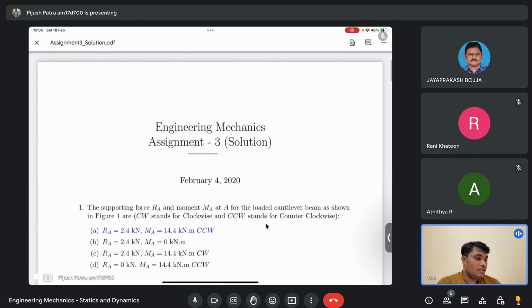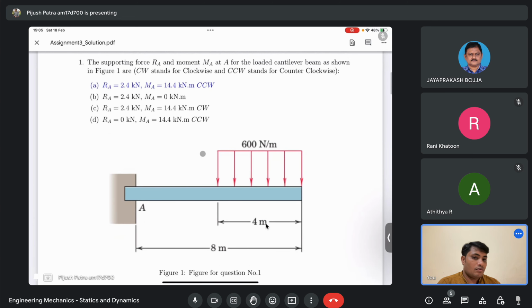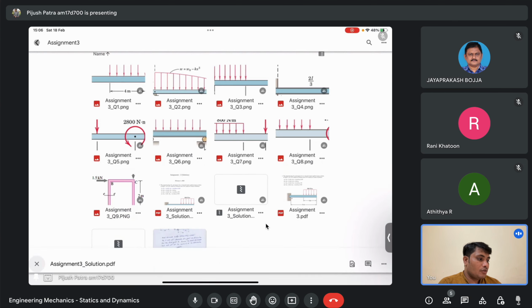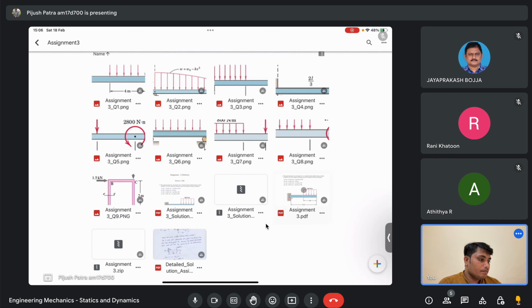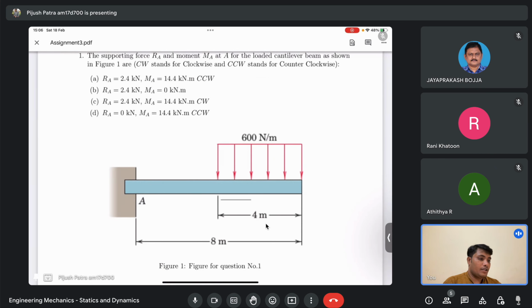Is it visible now, the question and the diagram? Not clearly. And the diagram is visible clearly, right? Yes, sir. Okay, so let me go through the diagram only. I'll try to explain through the diagram.